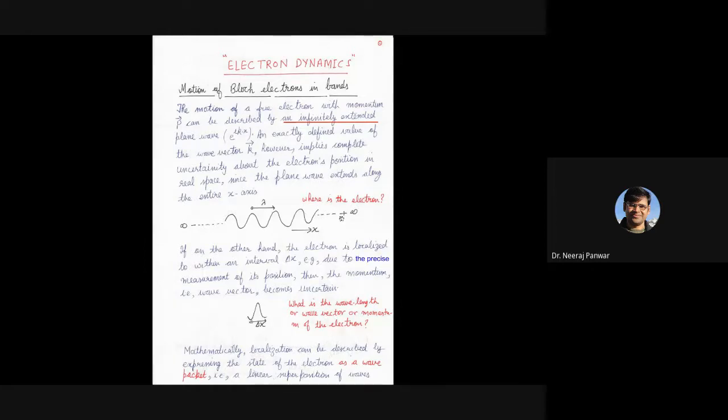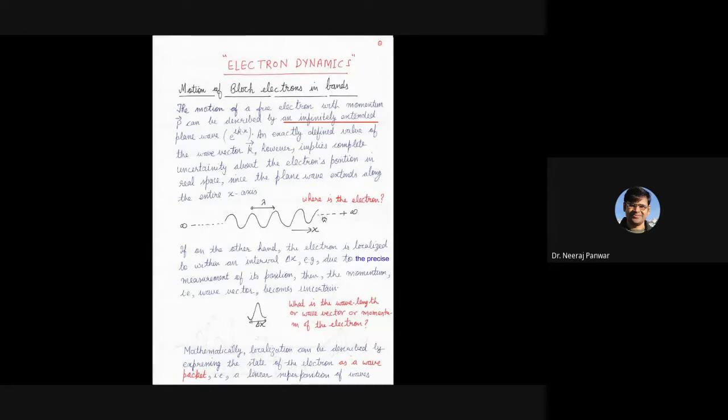Now, on this plane wave we can very well define the wavelength of this electron, because it extends from minus infinity to plus infinity. We can consider any two neighboring maxima or minima, and the distance between them is the wavelength.